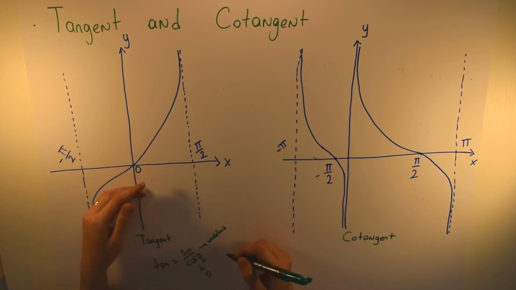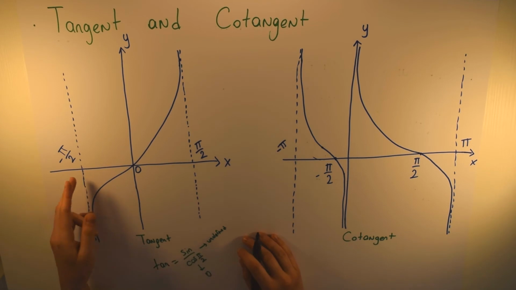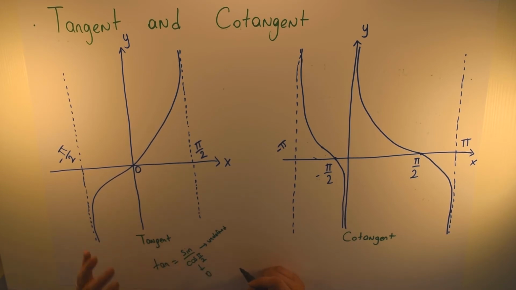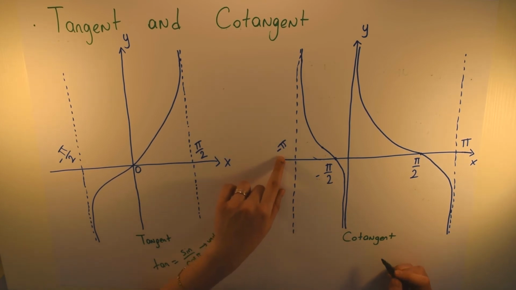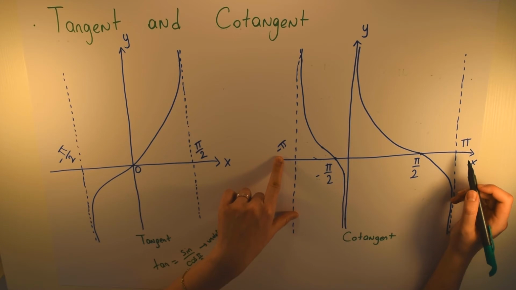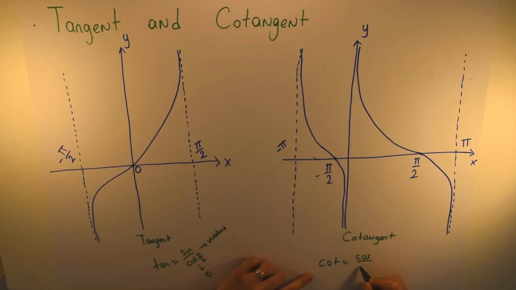So what is its relationship with limits? It means that at these points, this function does not have any limits. All you need to know is this: at these points, the tangent function does not have any limits. When it comes to cotangent, it's the same thing, but at minus pi and pi, cotangent is undefined. Same logic. Cotangent is equal to cosine over sine, right?